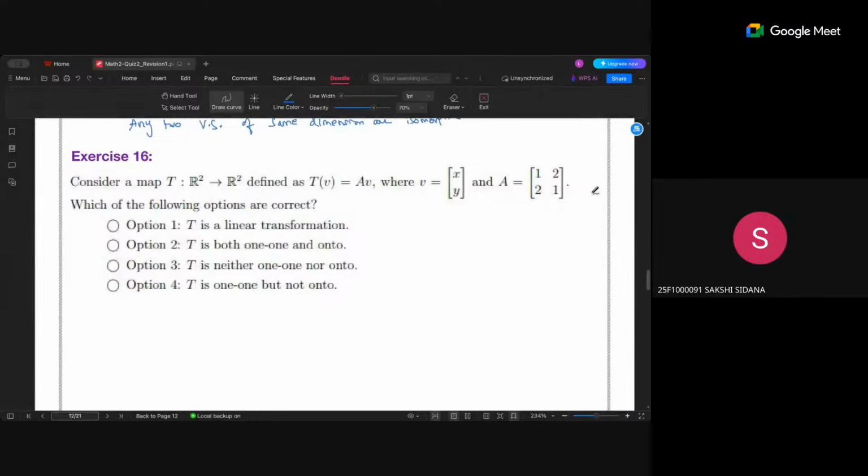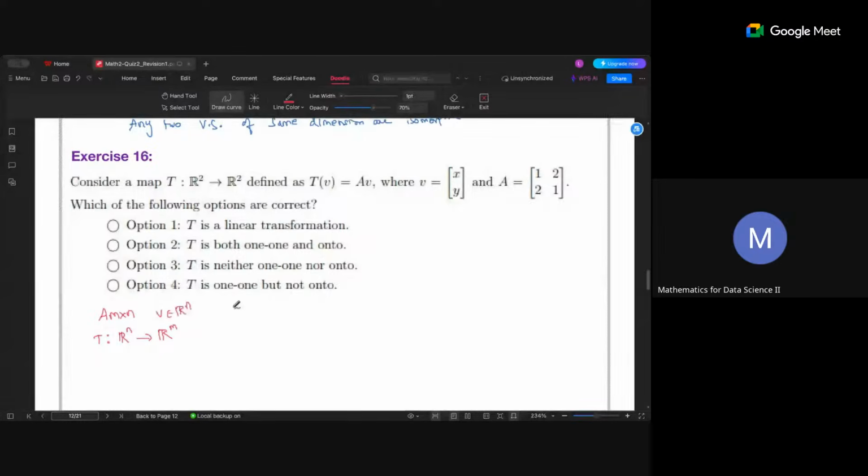We just multiply, like A times (x, y) for a 2 by 2 matrix. For example, suppose you have an m by n matrix, and you take any V in Rn.